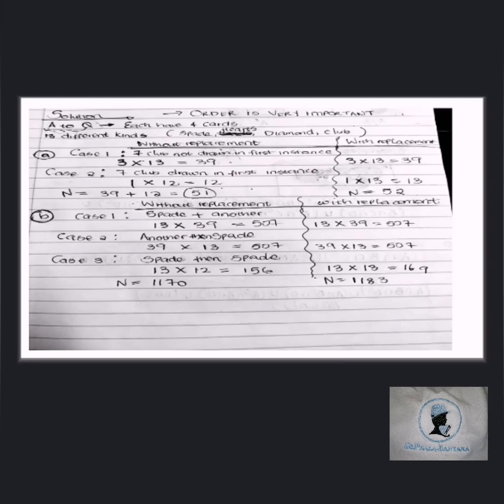You are going to replace it and put it in your deck of cards. So now you've got 13 clubs in the deck again, because you replaced that one. So you are going to have 1 times 13. So your sample space now is 52, because you are going to add the first case with the second case, right?